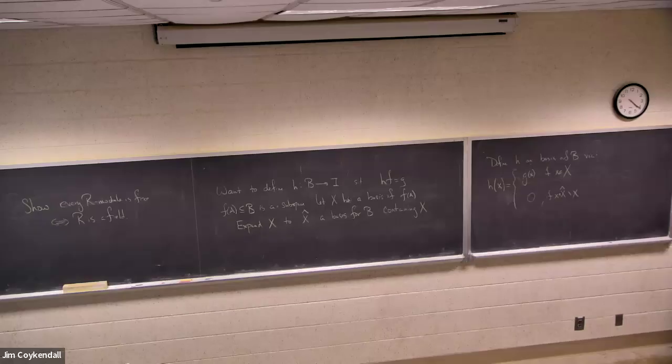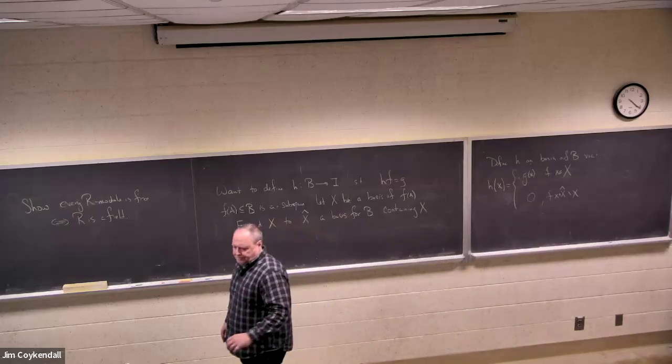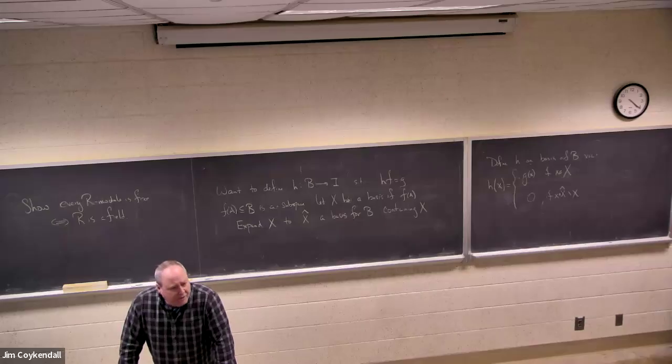Suppose that you have a commutative ring with identity that is not a field. I'll give you an example: Z. Z is about the best commutative ring with identity that is not a field that I can think of.